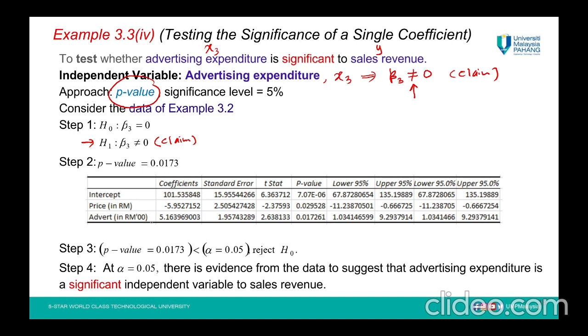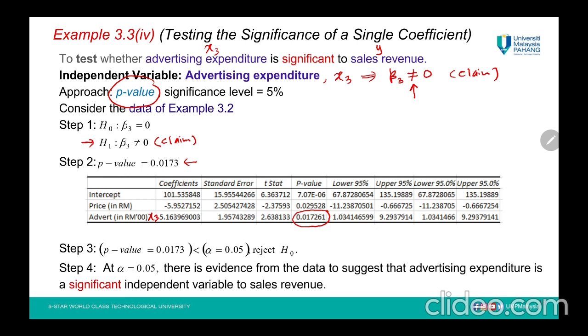Now we go to step 2, where we want to get the p-value. We can get the p-value from the coefficient table. For advertising, that is X3, the p-value is given by this part. Taking the value at 4 decimal places, the p-value is 0.0173. So complete step 2.